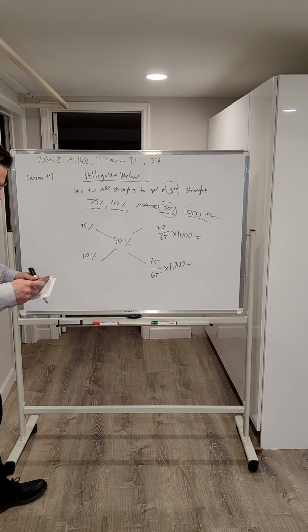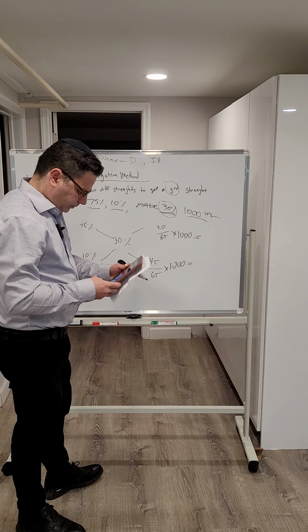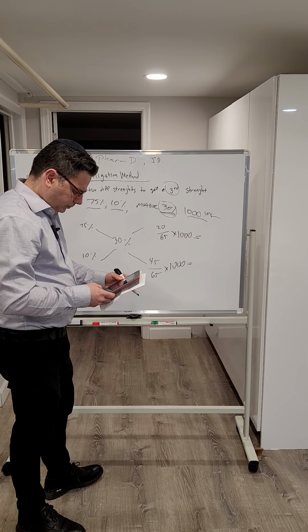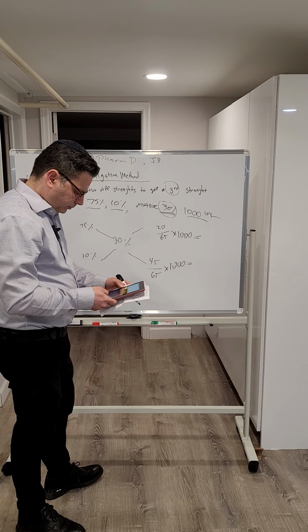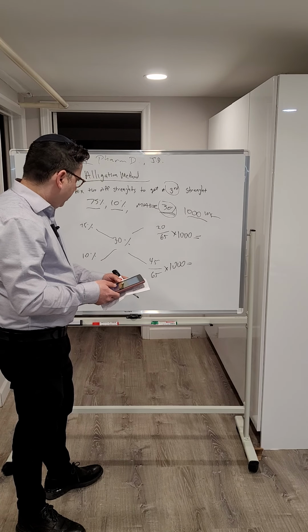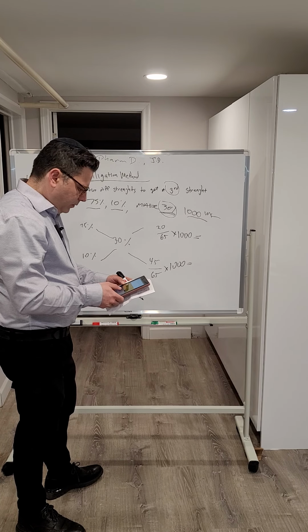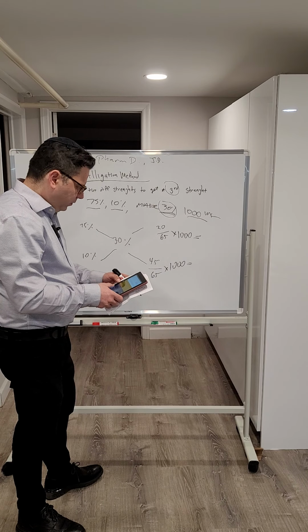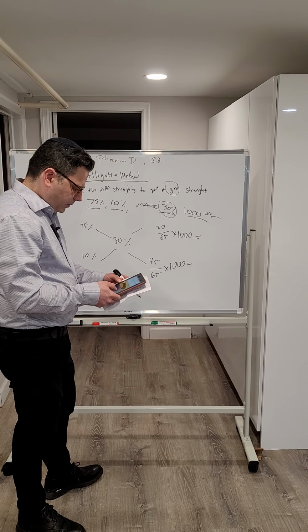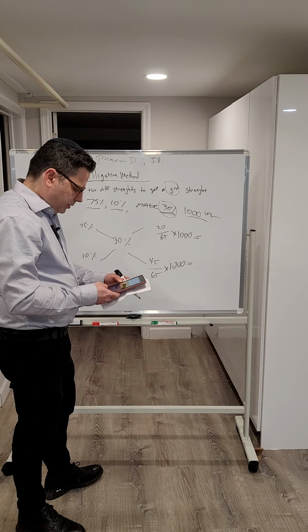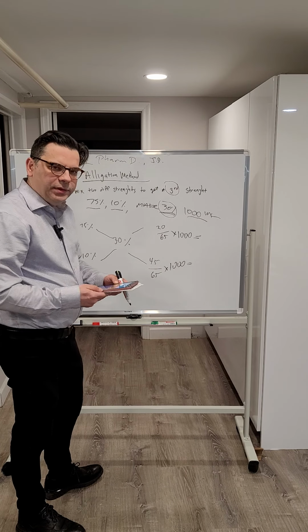And now we're just going to do the calculation. So we have 20 divided by 65 times 1,000. And we're going to round to the nearest hundredth.